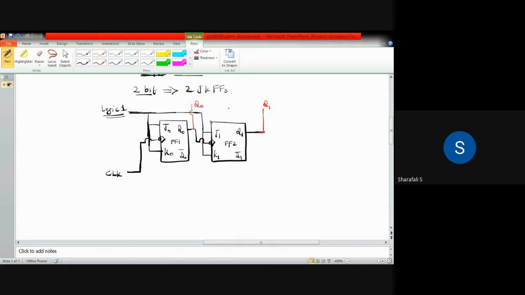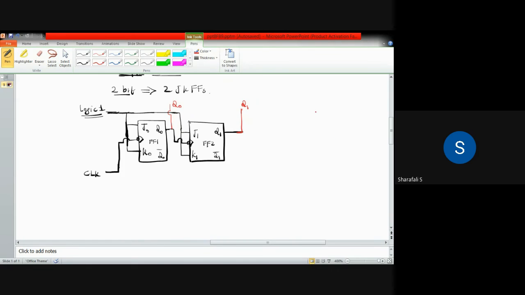These two are the outputs, as we are considering a 2-bit counter. Now consider the same. Q1 is the most significant bit, Q0 is the least significant bit, so we have to write it like this. And we have the clock pulse.